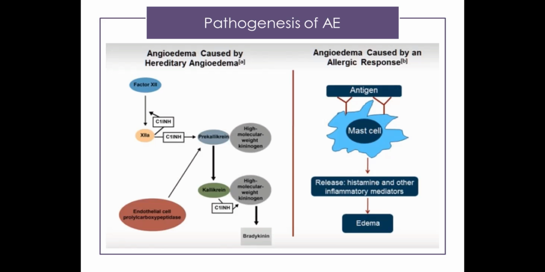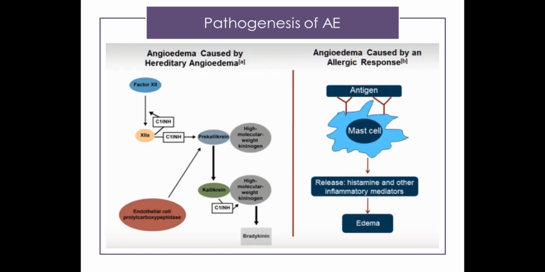Then we came to the pathogenesis. We have two types of pathogenesis, or two methods that this disease can be caused by. The first one is hereditary angioedema, and it's about having a C1 esterase inhibitor that is not functioning well, or its amount is reduced, and that will increase the bradykinin, which will cause vasodilation, and it will cause the same effect of inflammation.